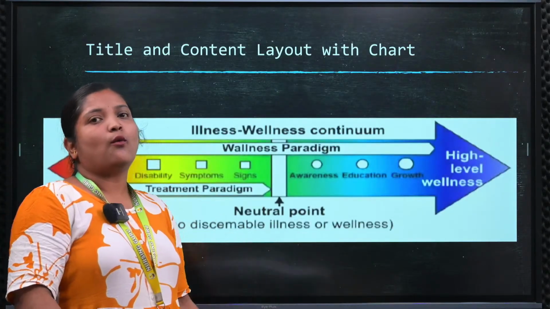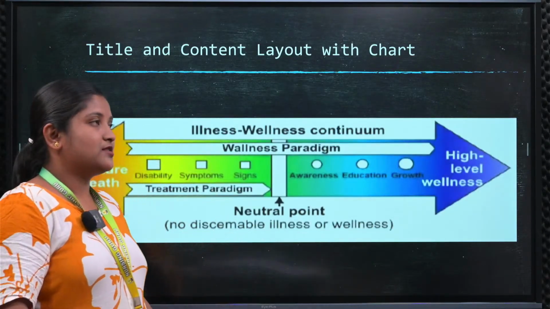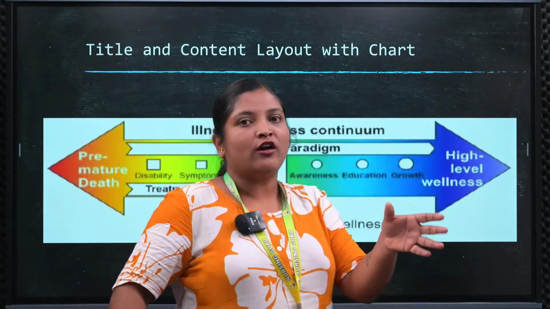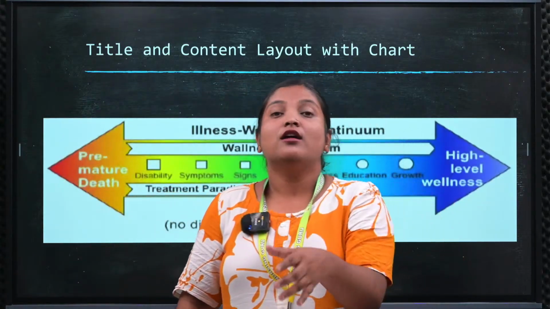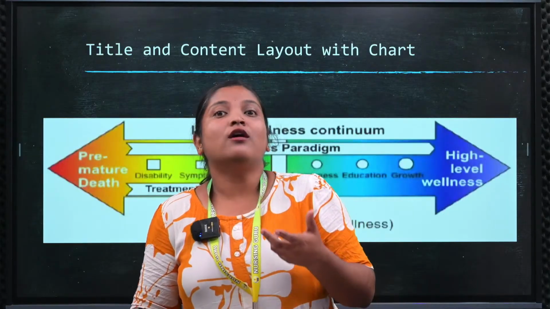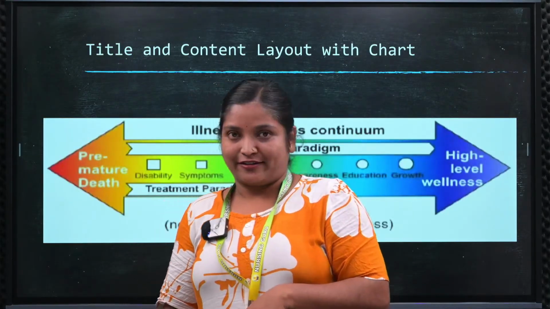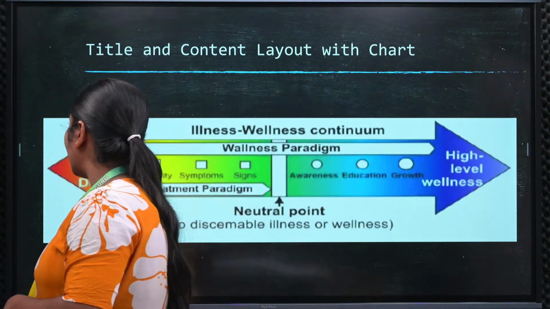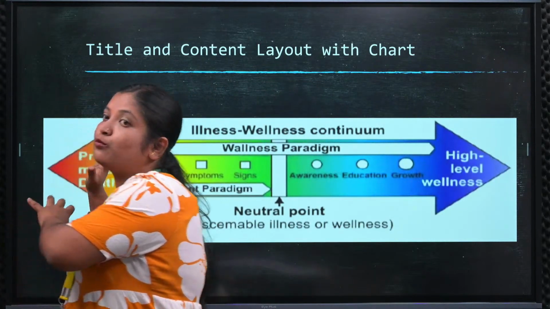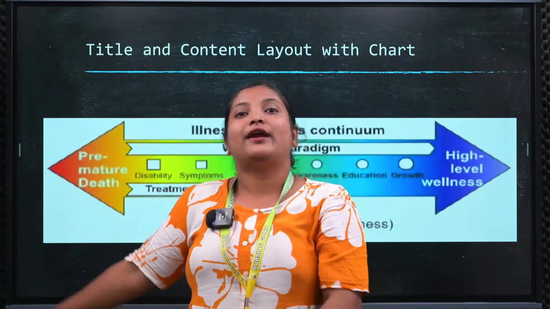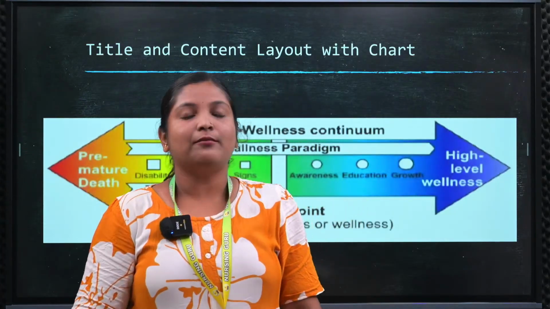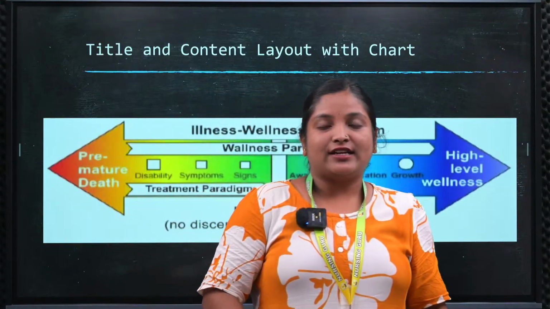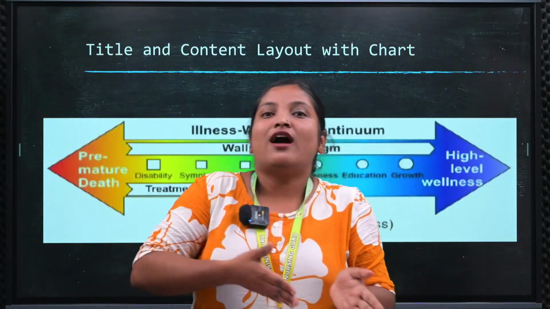When these occur, you are in the treatment paradigm, and you are supposed to take treatment to cure your disease condition. Those things are very important, and it is pushed towards premature death. Understanding my point? Illness always leads towards death.